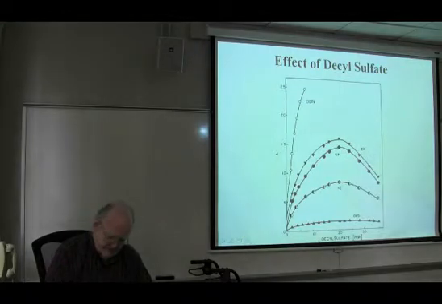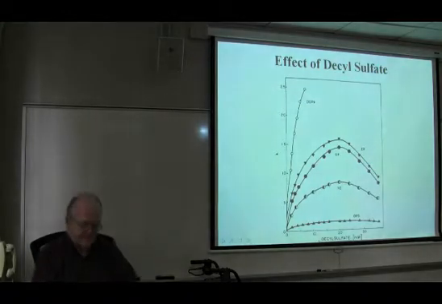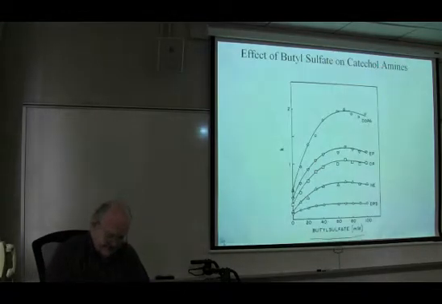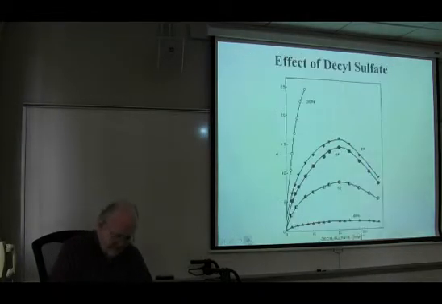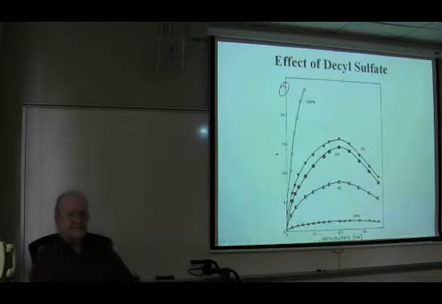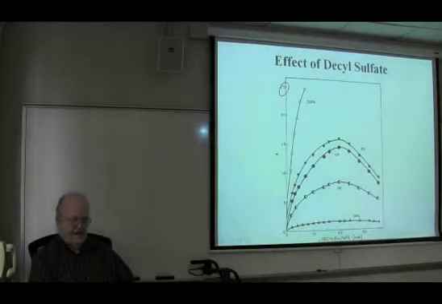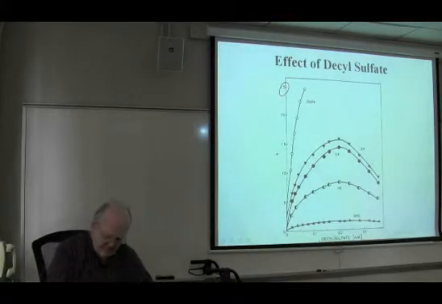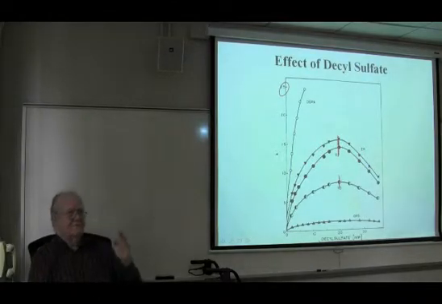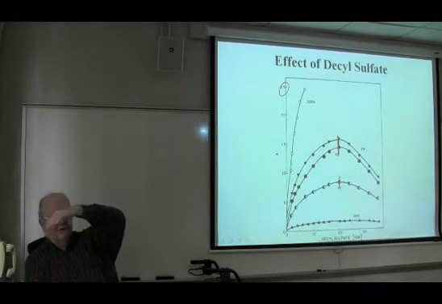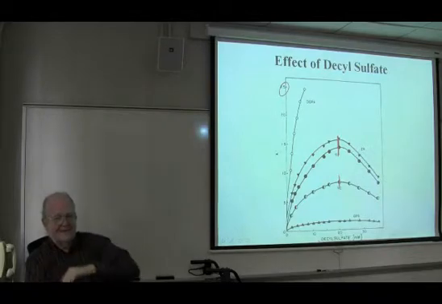So here's decyl sulfate, C10. Now let's just check the scale here. That's 2. That's 25. A lot more retention. But we're beginning to see some evil. It goes up, you add even more decyl sulfate and the retention starts back down again.